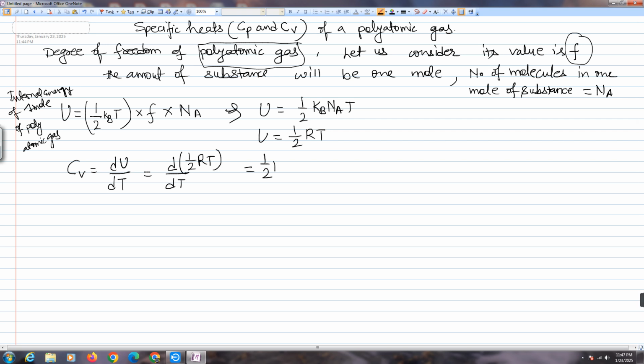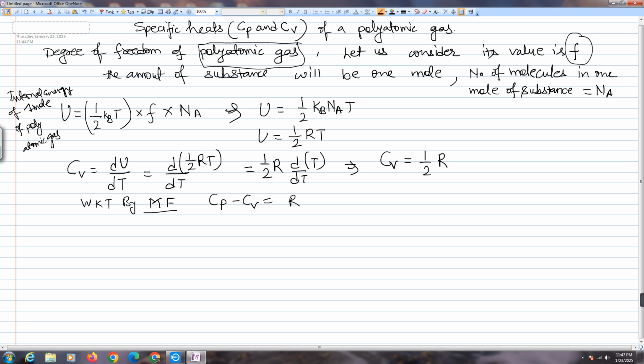So take 1 by 2 R common, d by dt of T, and its value comes out Cv is equal to 1 by 2 R. We know that by Mayer's formula, Cp minus Cv is equal to R. So the value of Cp comes out Cv plus R. Cv is R by 2, and it can be written as 2R by 2, so it can be written as 3R by 2.